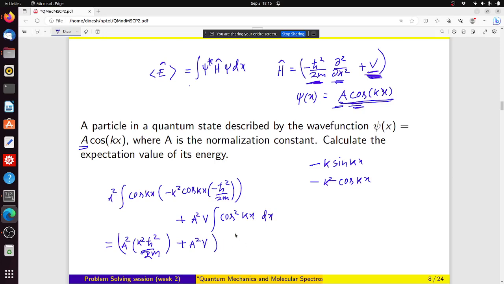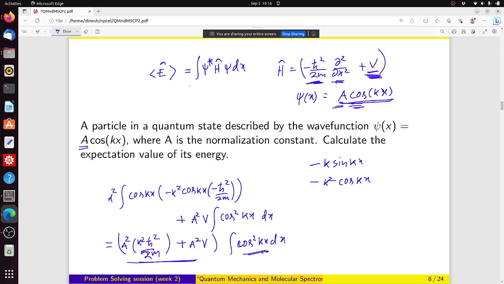Then we have to do the integration of cos square kx dx, right? This is a quadratic function. Doing integration of a quadratic function is pretty hard, so we have to convert it to linear form.